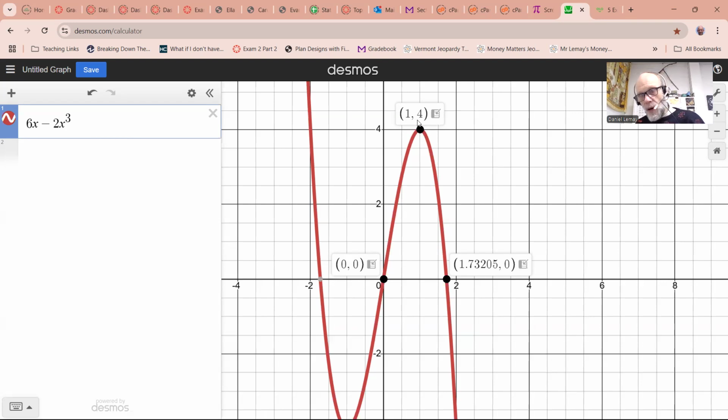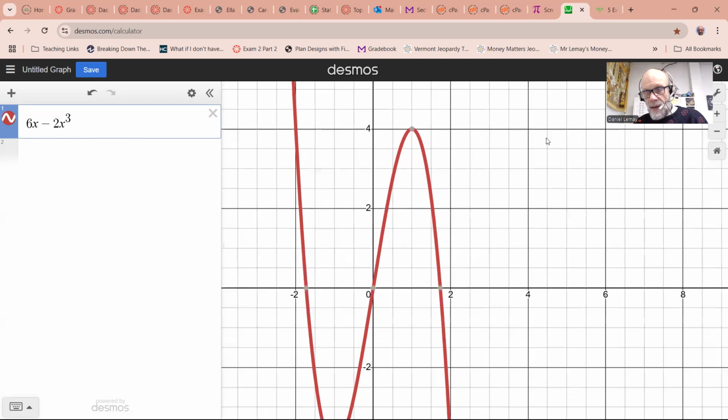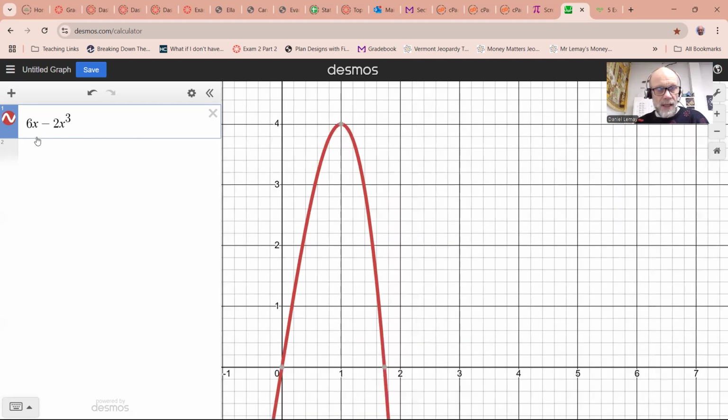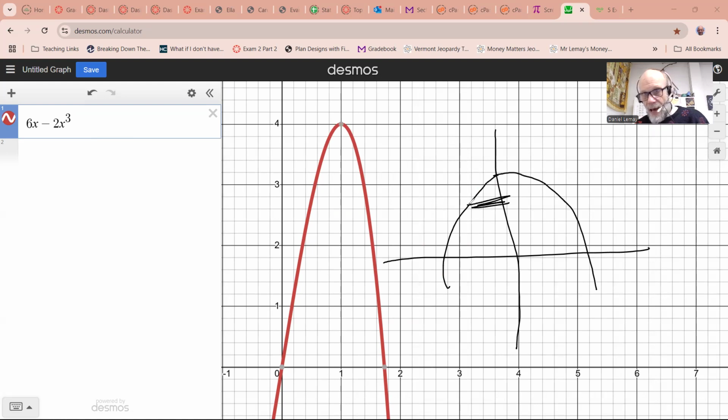So when x equals 1, the area is 4. But we're looking for the dimensions. Let me make a little sketch of that parabola, which will be very sloppy, and here's the rectangle.